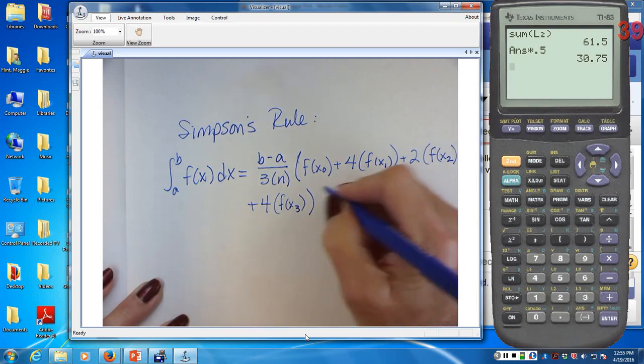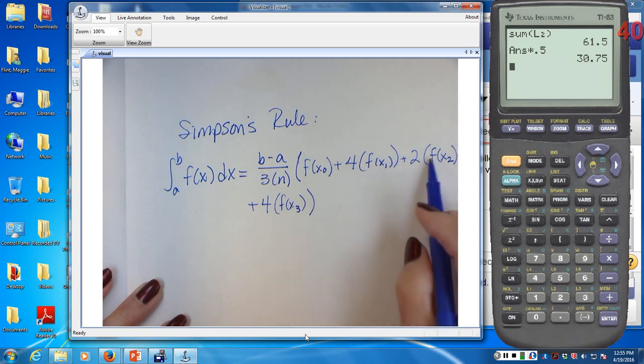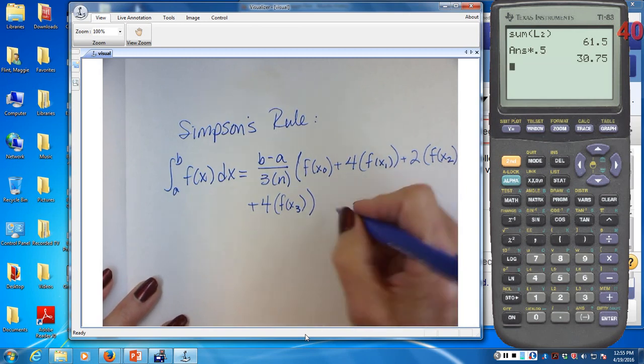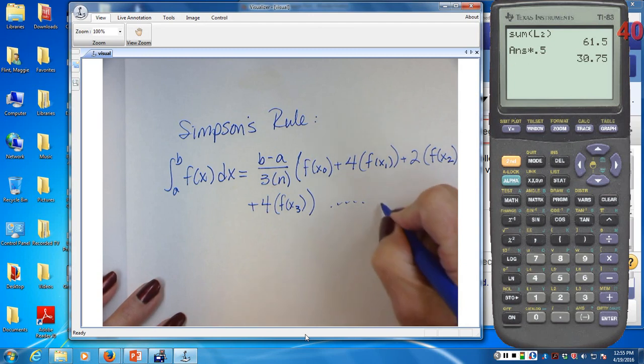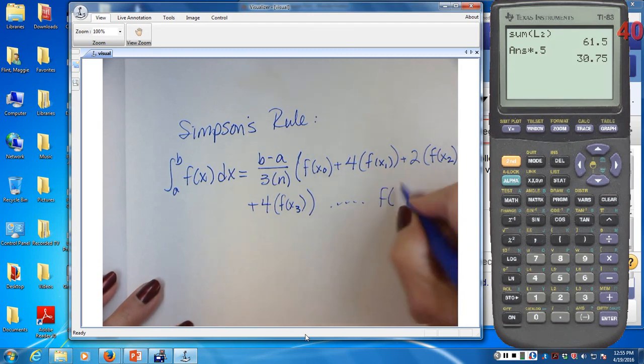And then it just follows the pattern of alternating 4 and 2 and 4 and 2 and 4 and 2 until on the very last one you're back down to f of x sub n, whatever the last one is.